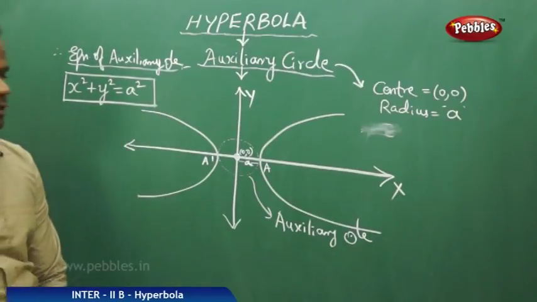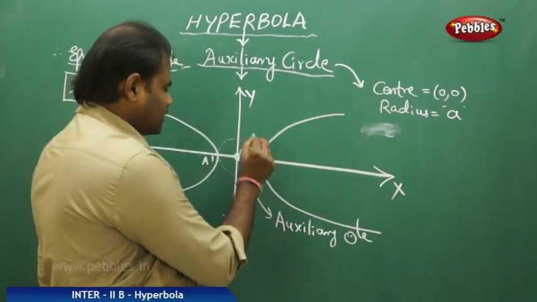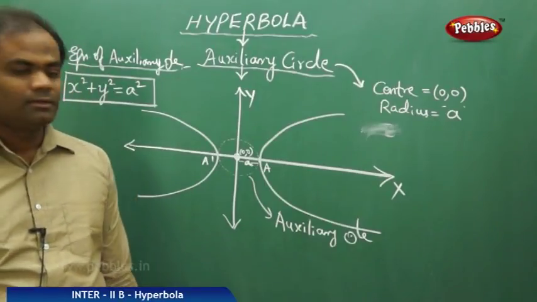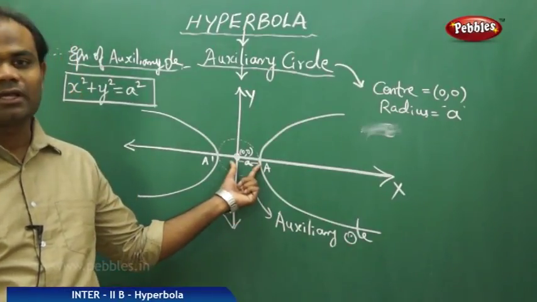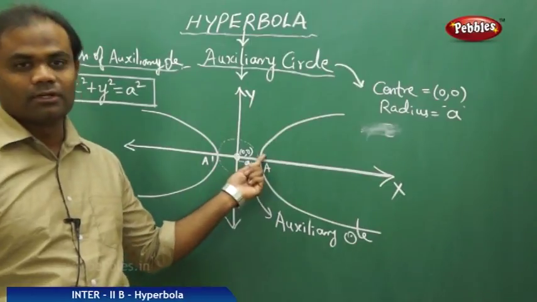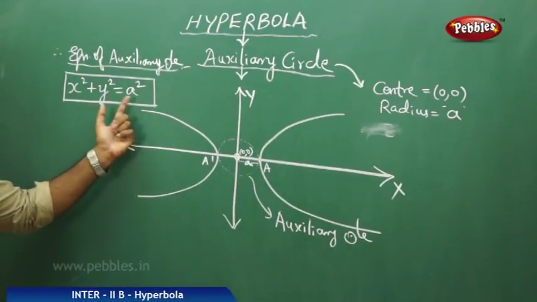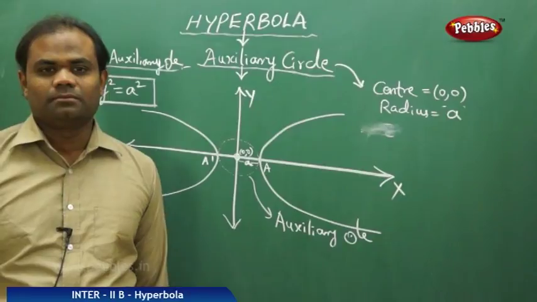An auxiliary circle is described with the transverse axis as the diameter, its center is the origin and its radius is a, and its equation is x squared plus y squared equal to a squared.